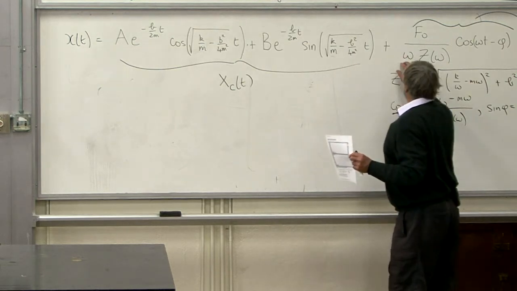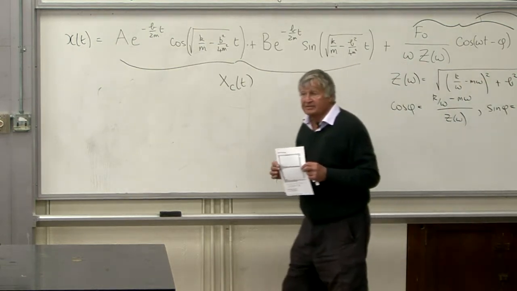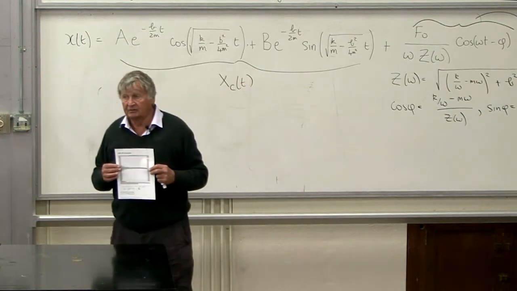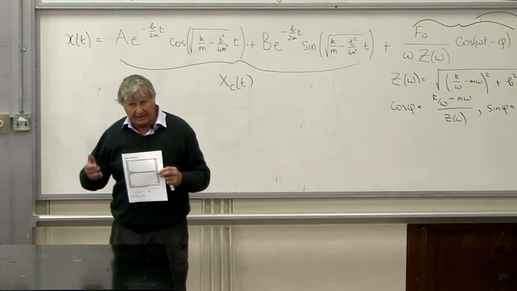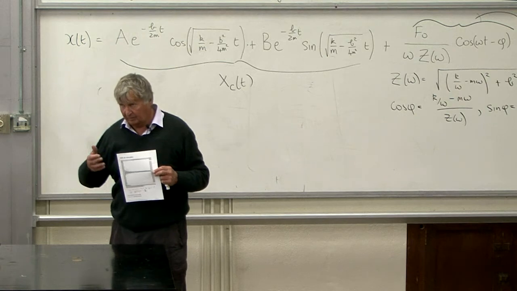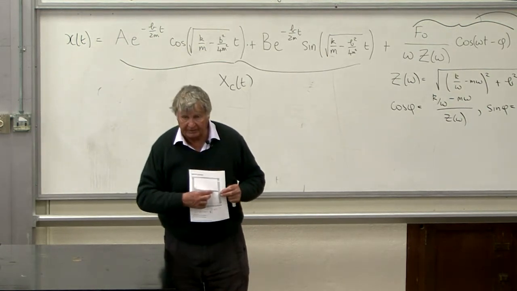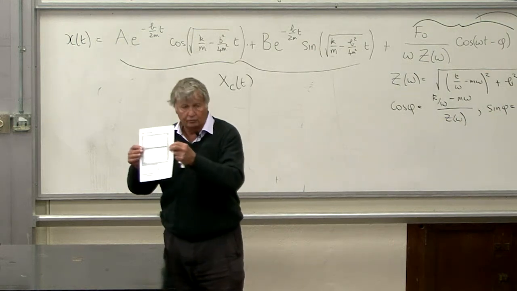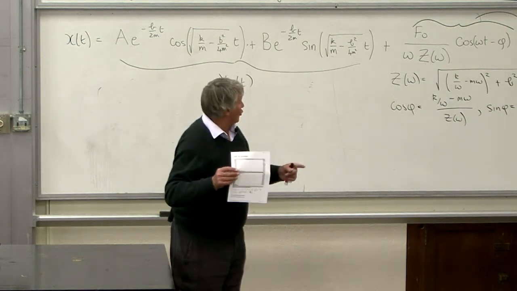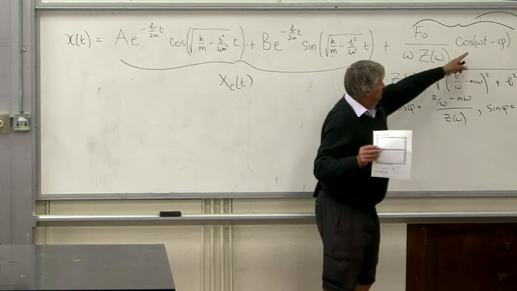So then the solution gets dominated by the surviving part, the steady state, the oscillating surviving part, which isn't damped. You see, now you only have this one frequency. Okay?